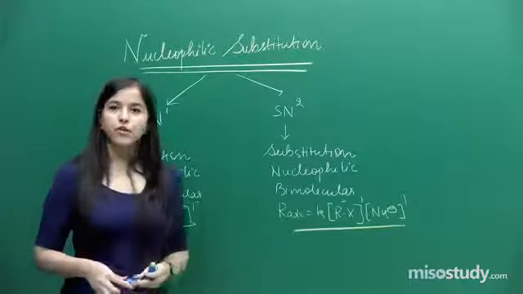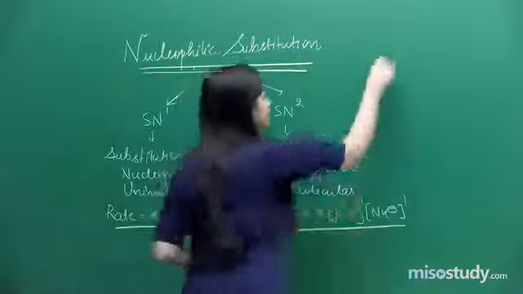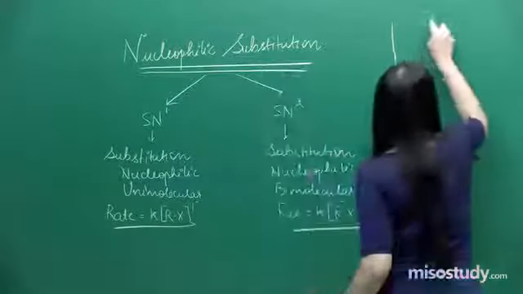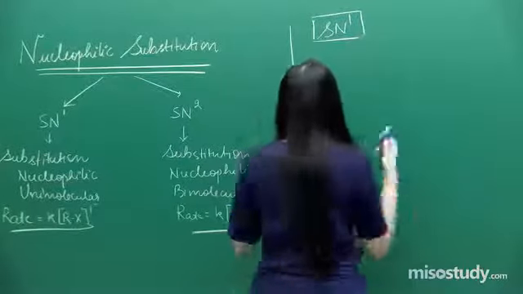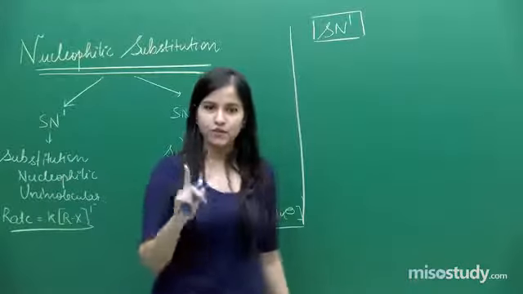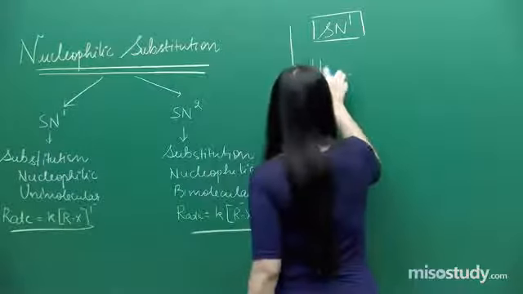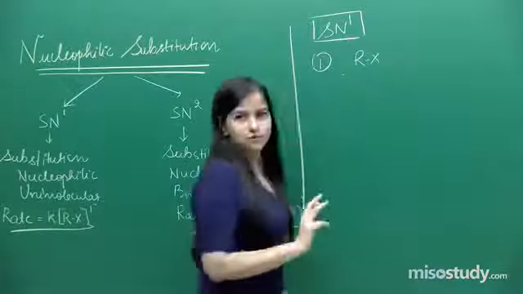Now what we were on to was the SN1. Let me just quickly brief you the mechanism. So it's a two-step reaction as I told you, and the main thing is the formation of carbocation. Step 1. I'm writing the general reaction for it.